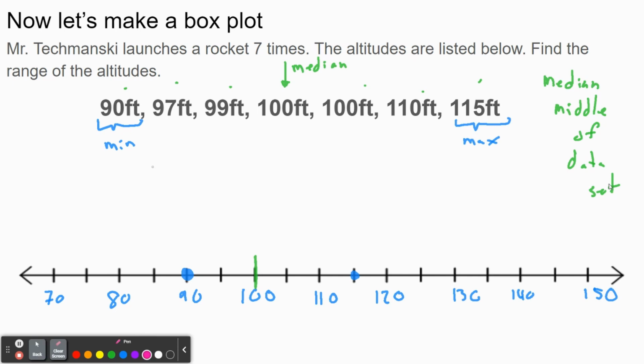Those are going to be the first quartile and the third quartile. Make sure that as we go through this, you are writing these down. The first quartile is just the middle value between the median and the minimum.